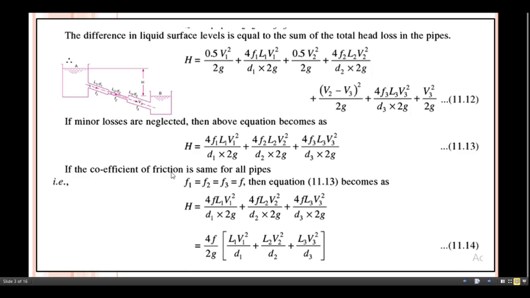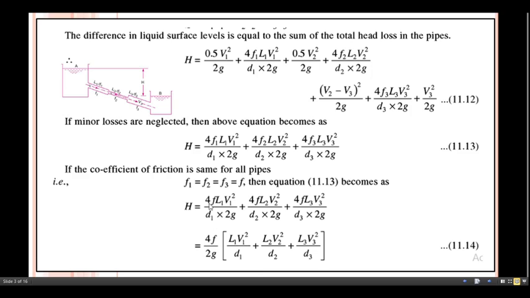If the coefficient of friction is same for all pipes, then f1 equals f2 equals f3 equals f. Now this equation will be modified in this way, by replacing f1, f2, f3 by f.